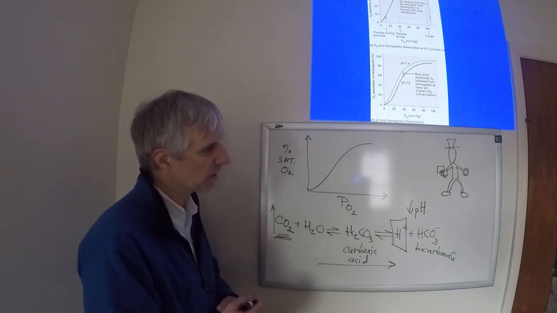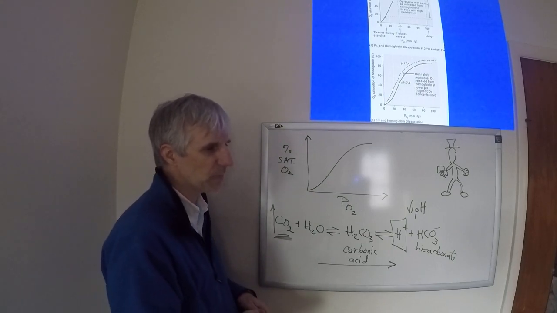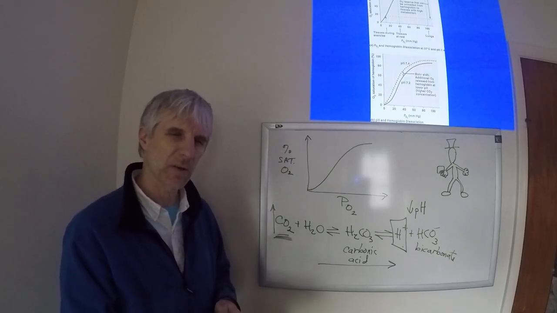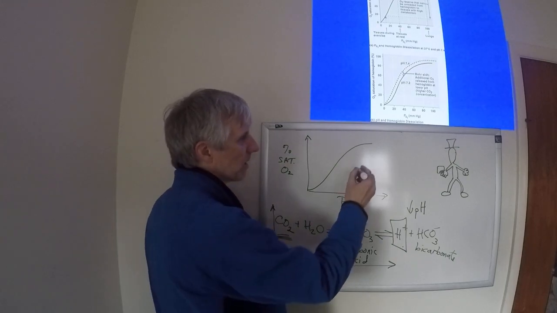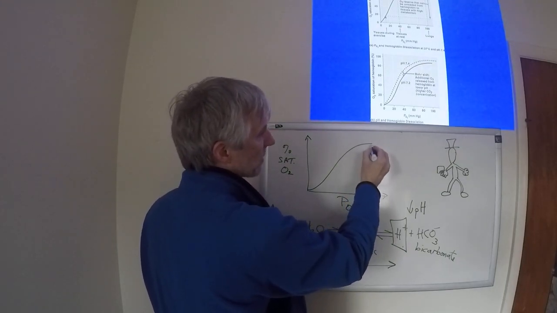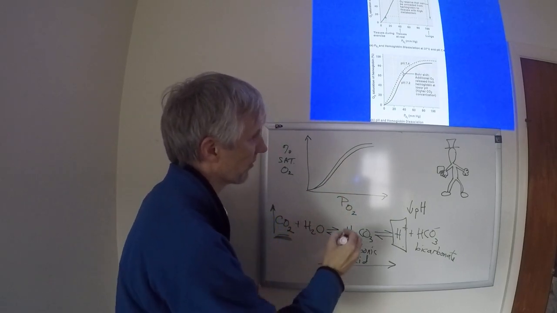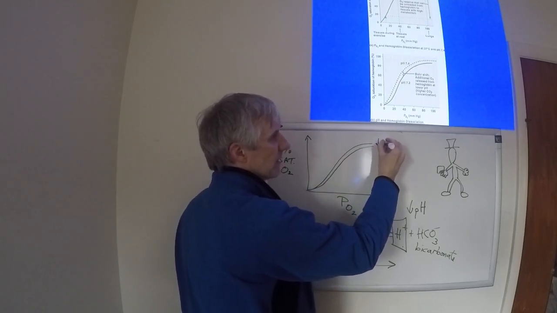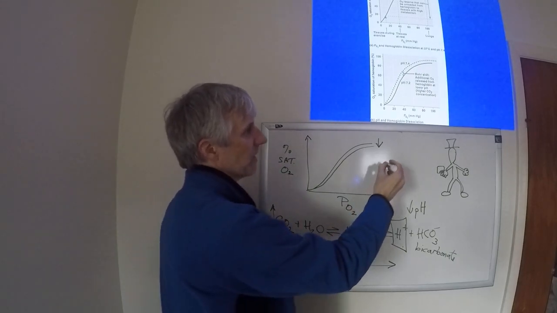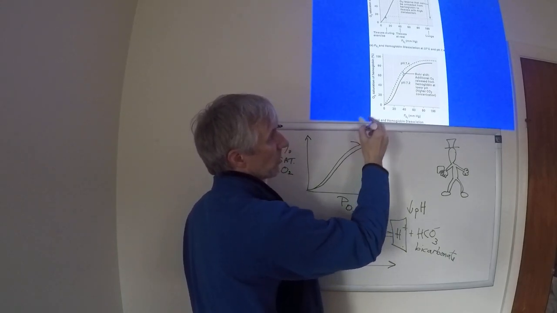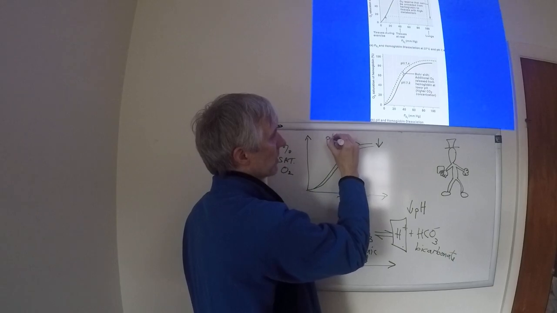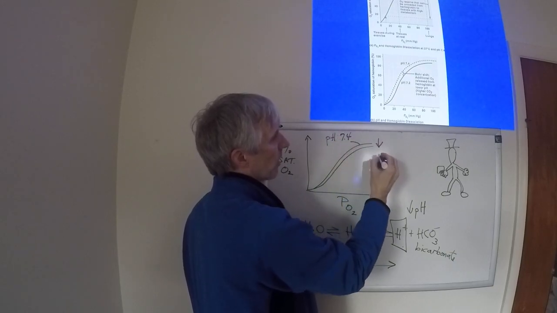Now, hemoglobin reacts to this change in pH by changing its binding affinity for oxygen. So what this curve does is shift down with a decrease in pH. In our diagram, we have a pH here of 7.4.